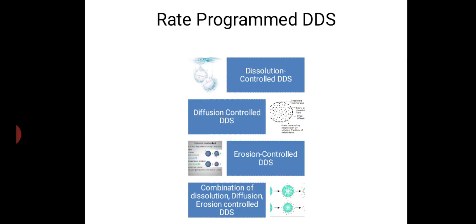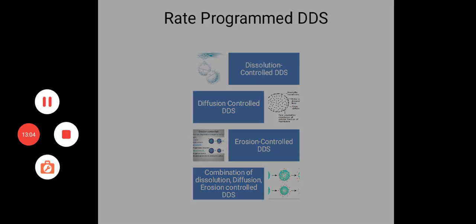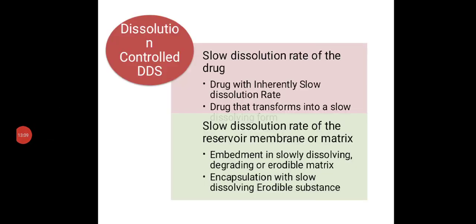Now, our topic of discussion is dissolution controlled drug delivery system. So let us discuss first the dissolution controlled drug delivery system. Now, as we discussed, the dissolution control can be because of controlling the dissolution of the drug molecule or controlling the dissolution of the reservoir membrane or the matrix.